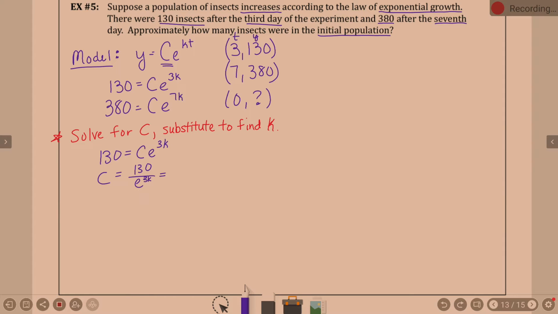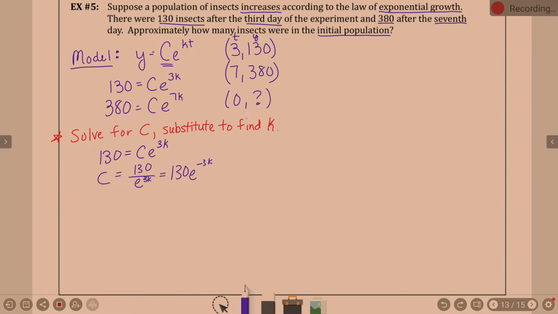Or how else can I rewrite that? 130 e to the negative 3k. And I guess you could leave it in either form. Based on getting ready to plug it back in, my brain says to use the other form, so that we don't have the fraction.